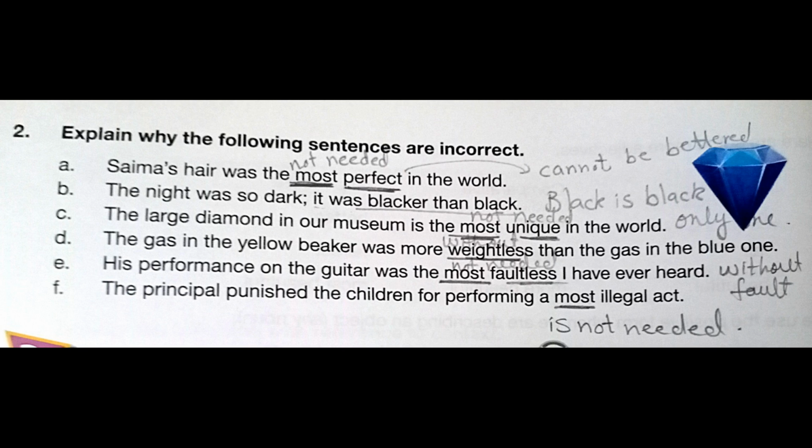C. The large diamond in our museum is the most unique in the world. Here, most is not needed because unique means the only one. So there is no need to add most here. D. The gas in the yellow beaker was more weightless than the gas in the blue one.